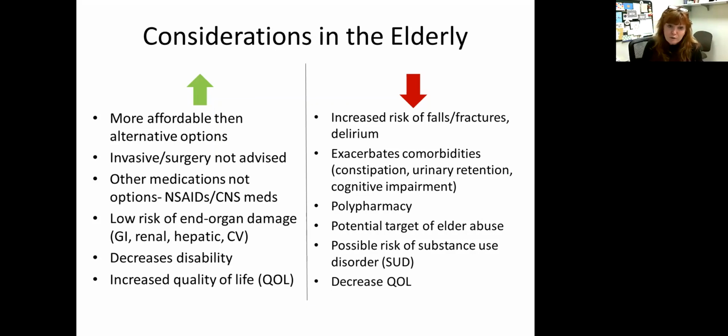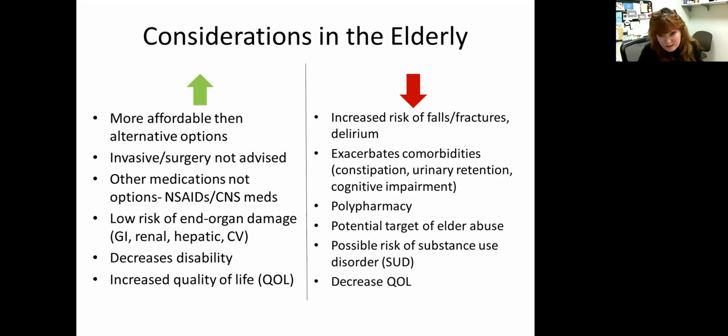Besides the dosing for renal for opioids, not something we have to worry terribly much about compared to, for instance, NSAIDs. And they do help, obvious things, decrease disability, increase mobility, and therefore increase quality of life for patients. So a lot of patients, if they're prescribed appropriately, they really enhance life.